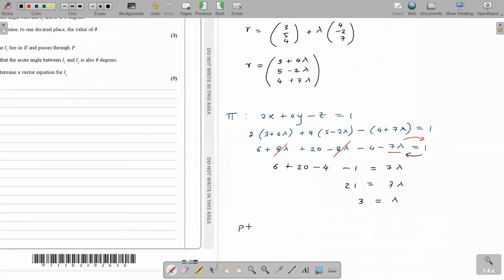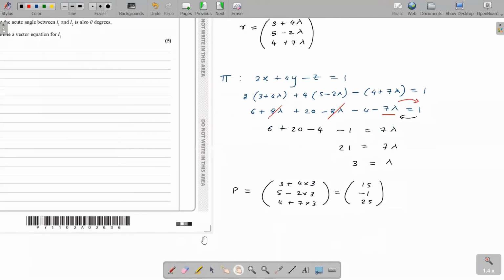P. So P is, when lambda is 3, 3 plus 4 times 3, 5 minus 2 times 3, 4 plus 7 times 3. 4 times 3 is 12, 13, 14, 15. 5 minus 6 is minus 1. 7 times 3 is 21, plus 4, 25. So the coordinates of P are 15, minus 1, 25. Is that clear?